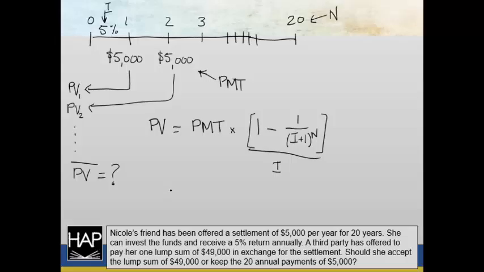If I plug in the actual values into this formula, we get $5,000 is the payment that she would be receiving each year, multiplied by 1 minus 1 over 1 plus 0.05, which is the interest rate, to the power of 20, because that's the number of years that we would be looking at, over 0.05, which again is the interest rate.